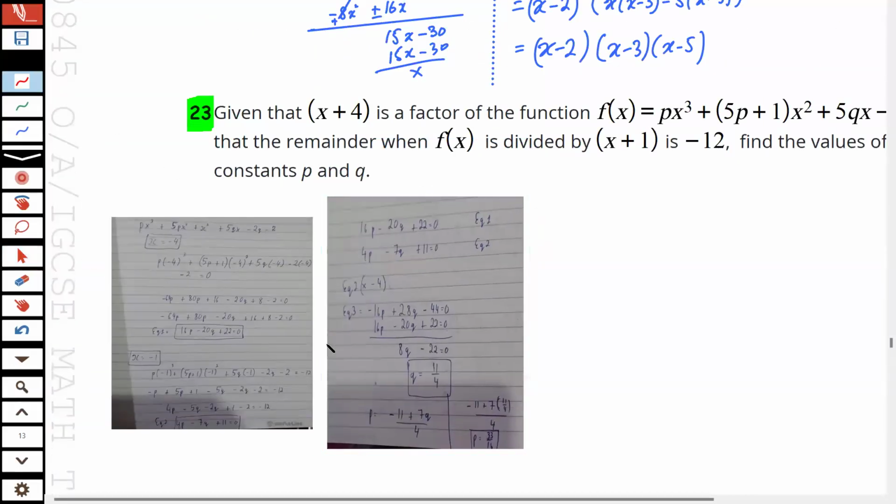Sir, I sent my answer. Let me check this one. You have to substitute x is equal to -4.